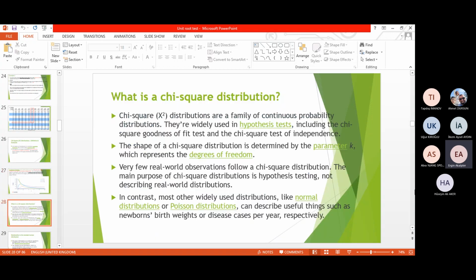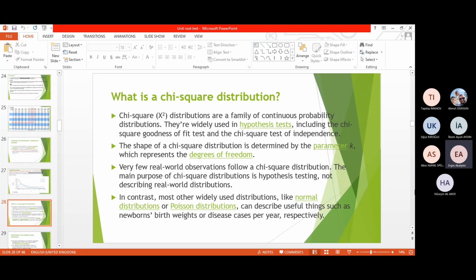Let's see what the chi-square distribution is. The chi-square distributions are a family of continuous probability distributions. They are widely used in hypothesis tests, including the chi-square goodness of fit test and the chi-square test of independence. The shape of the chi-square distribution is determined by the parameter k, which represents the degrees of freedom.